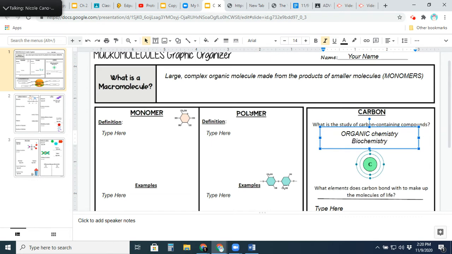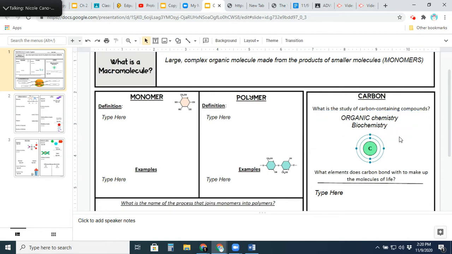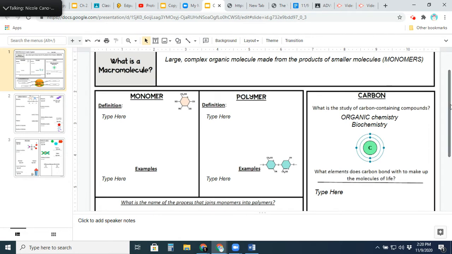So basically, organic chemistry or biochemistry is the chemistry that affects living things, which is why we care about it in biology. So why do we care about carbon if we're talking about biochemistry? Well, all living things here on planet Earth are carbon-based life forms, which means all of our macromolecules, which are the building blocks of living things, have carbon in them.